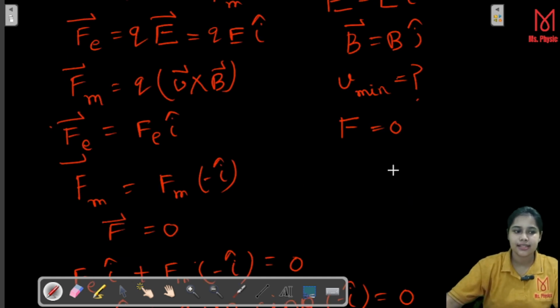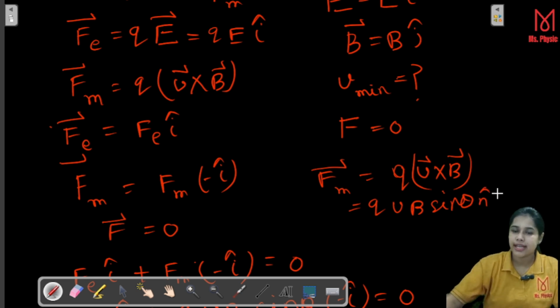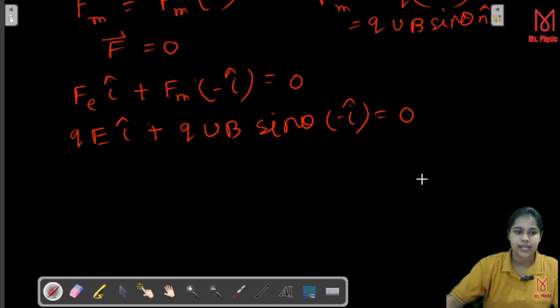Why VB sin theta? Because Fm is equal to Q into V cross B. That means Q V B sin theta n cap. Now if you take the magnitude, then n cap gives you 1. So here that's why I have written VB sin theta.